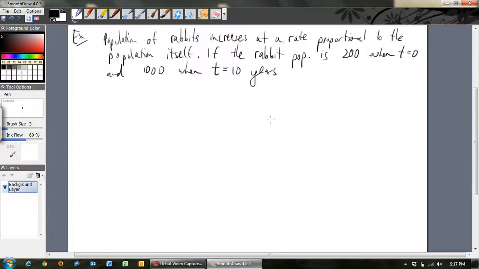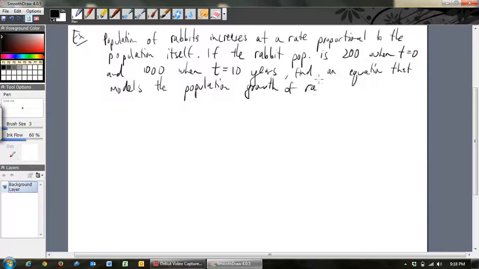Okay, so all time will be in years for this question. Find an equation that models the population growth of rabbits.